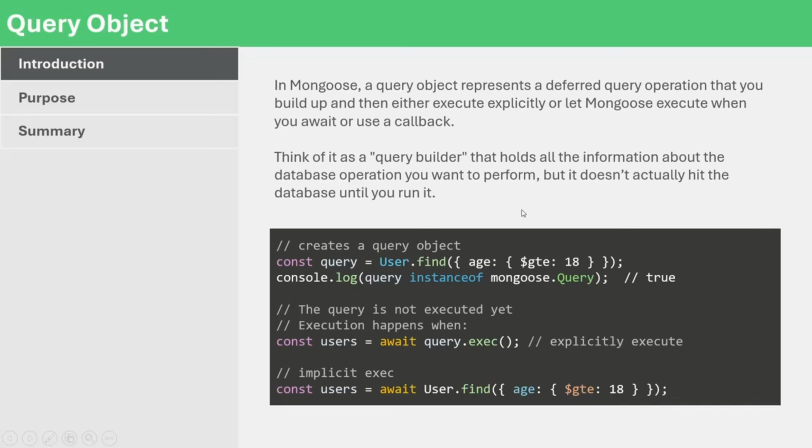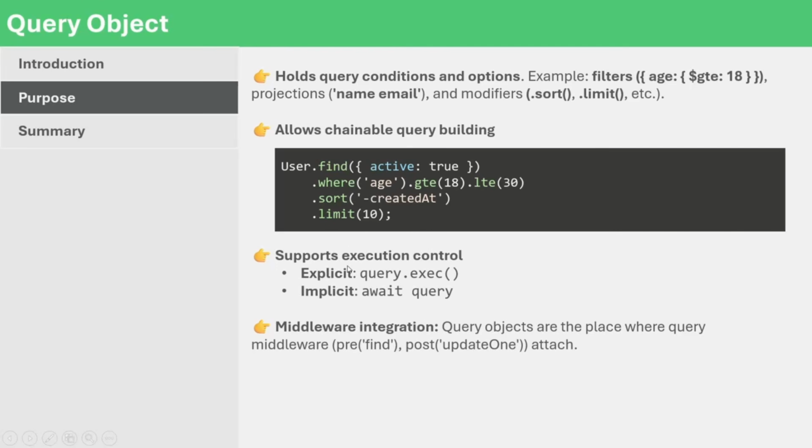Now, what is the purpose of using the query object? Basically, the query object holds query conditions and options. For example, when you want to filter documents, we specify a filter query object, so the query object holds that condition, or it holds the projection, which means which fields we want in the result, or it also holds modifiers like sort, limit, etc. The query object also allows us to chain other query methods.